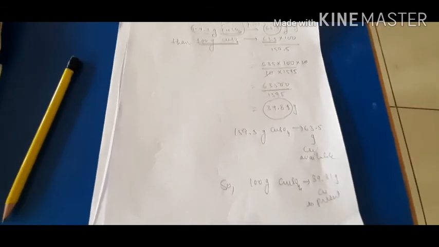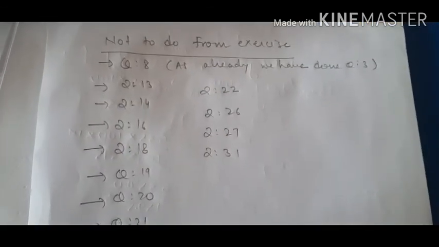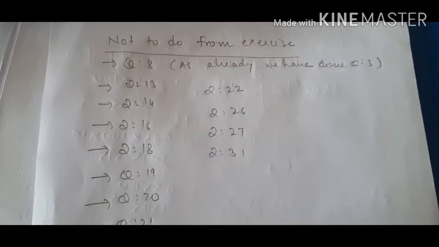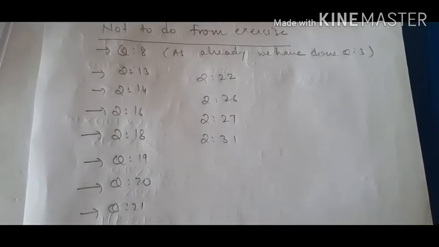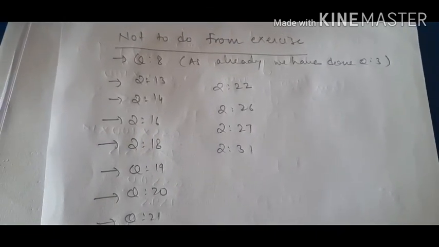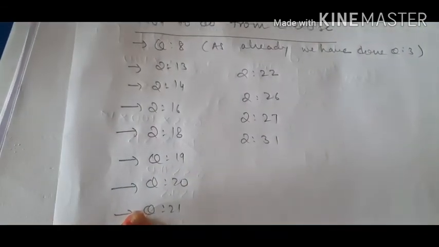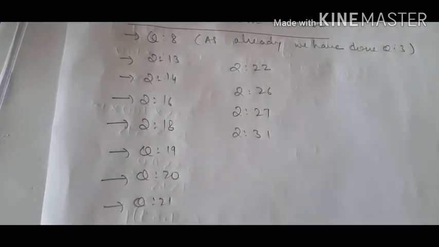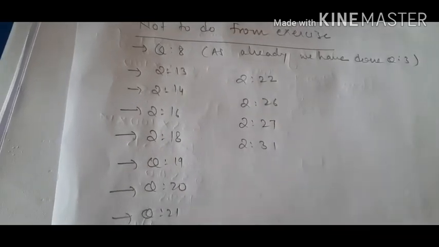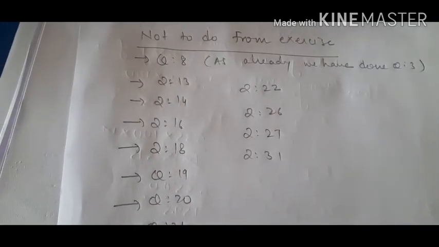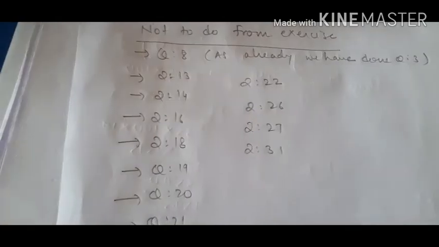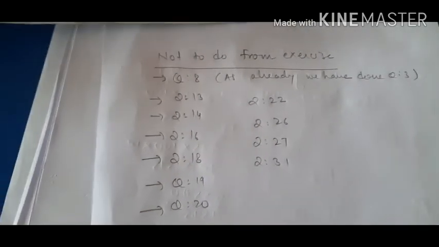Children, you can see here these are the questions we don't have to do from the exercise. Already that portion is excluded from the syllabus. The rest we are going to do in the next video. What we solved, and what is given as self practice, you have to do by yourself. Thank you children. Again take a look at this, that we don't have to do, children. Thank you.